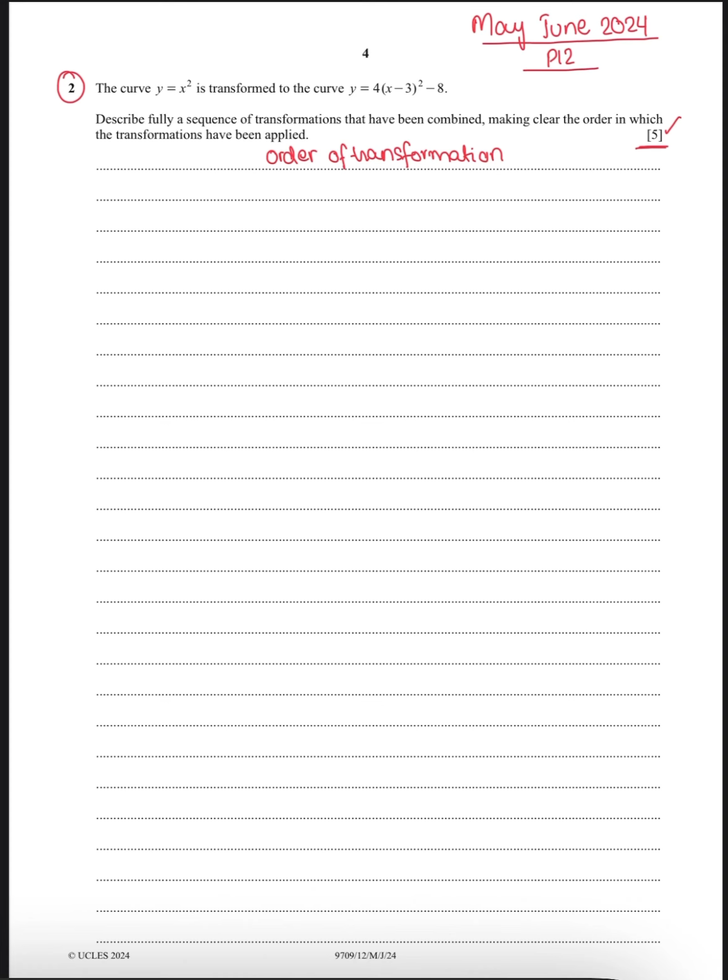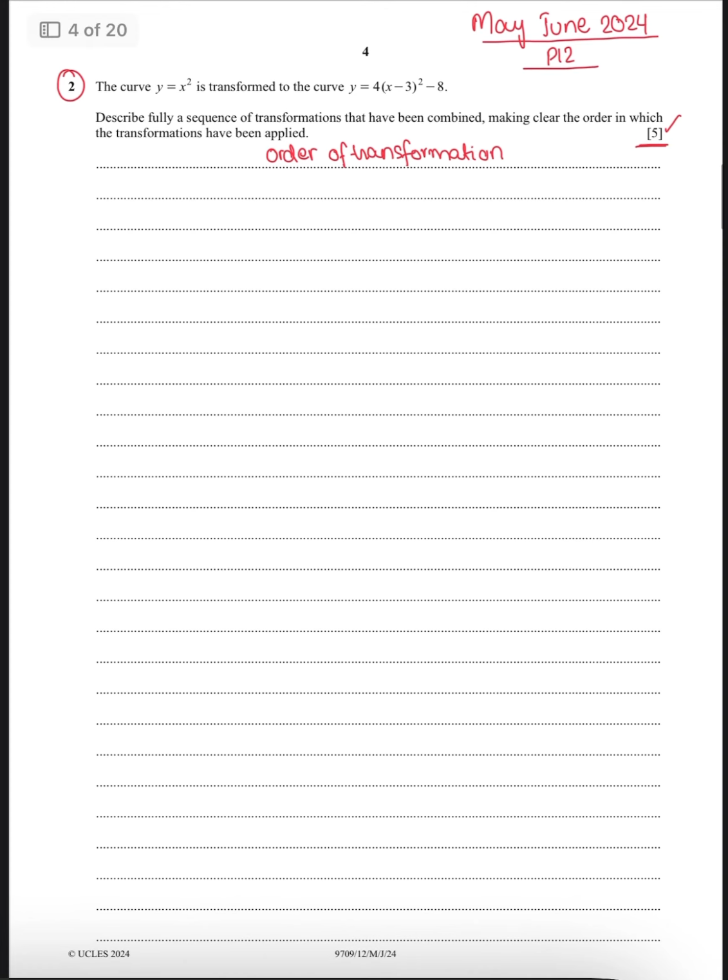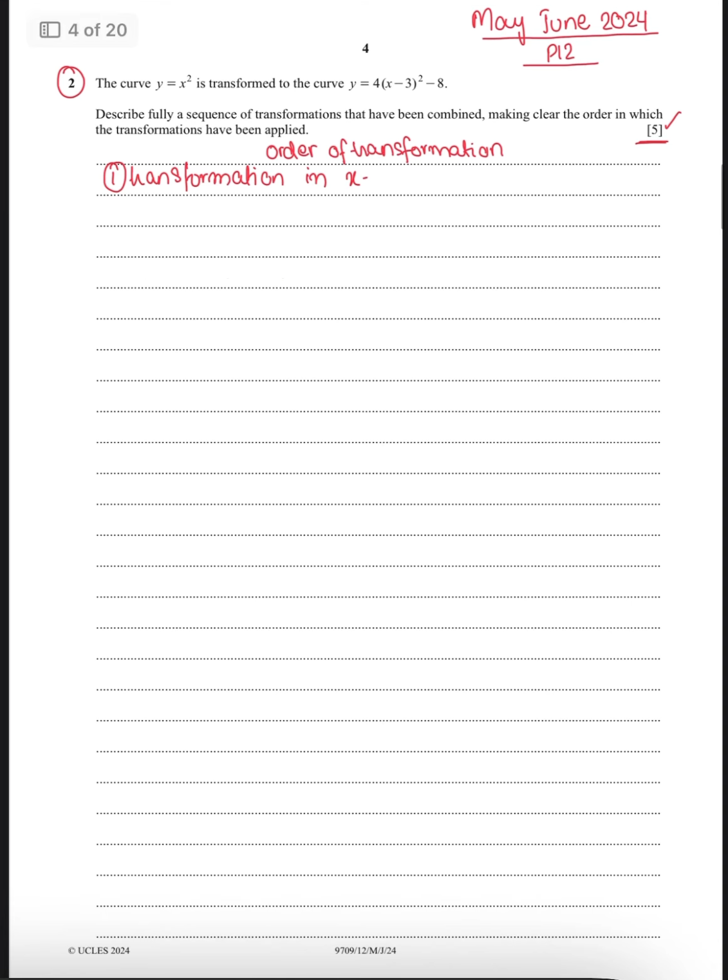Now, before we dive into the solution of the question, let me give you a small recap in case you guys are not aware of the order of transformations. So we have two types of transformations. We have a transformation in x-axis, and second we have a transformation in y-axis.